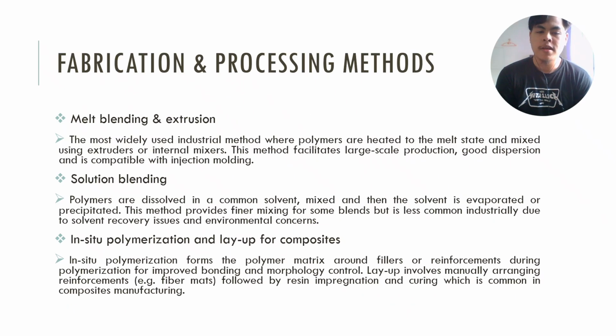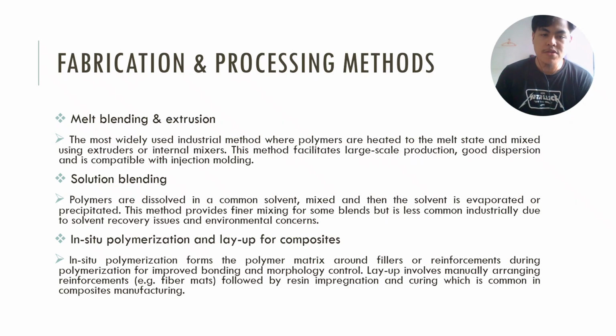And for the next slide is fabrication and processing method. The first one is melt blending and extrusion. This is the most widely used industrial method where polymers are heated to the melt state and mixed using extruders or internal mixers. This method facilitates large-scale production, good dispersion, and is compatible with injection molding.